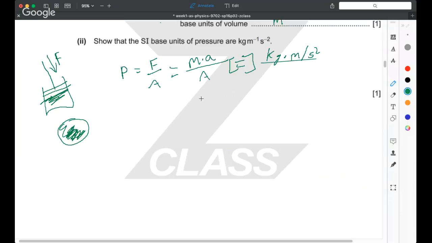The surface. This is meters squared. Yeah. So this remains equal, this eliminates with this one. And so we end up with kilograms, meters minus 1, seconds minus 1. Sorry, minus 2, because nothing happened to this. I see.